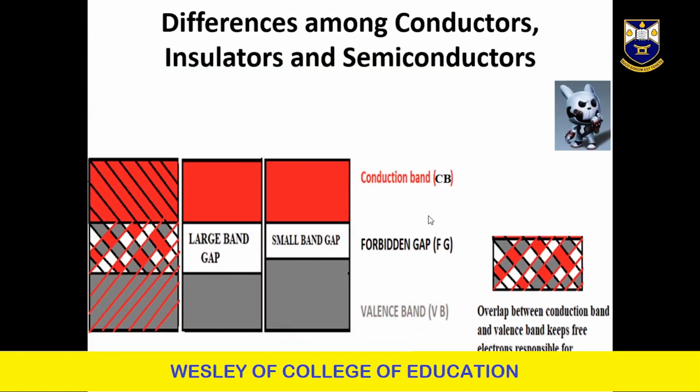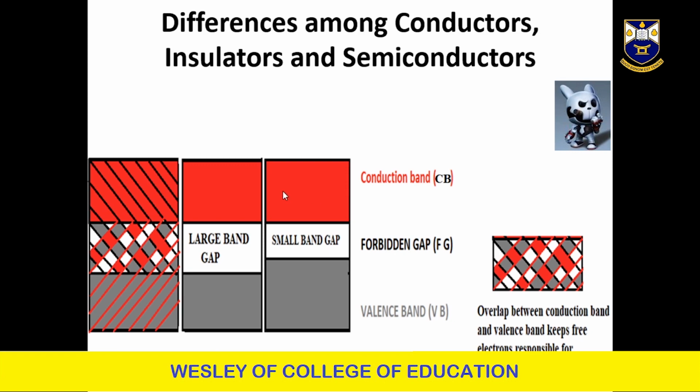Now, this type of energy is obtained by thermally exciting the electrons there. When they are subjected to heating, they get that amount of energy, and then they can jump and go into the conduction band for conduction to take place.